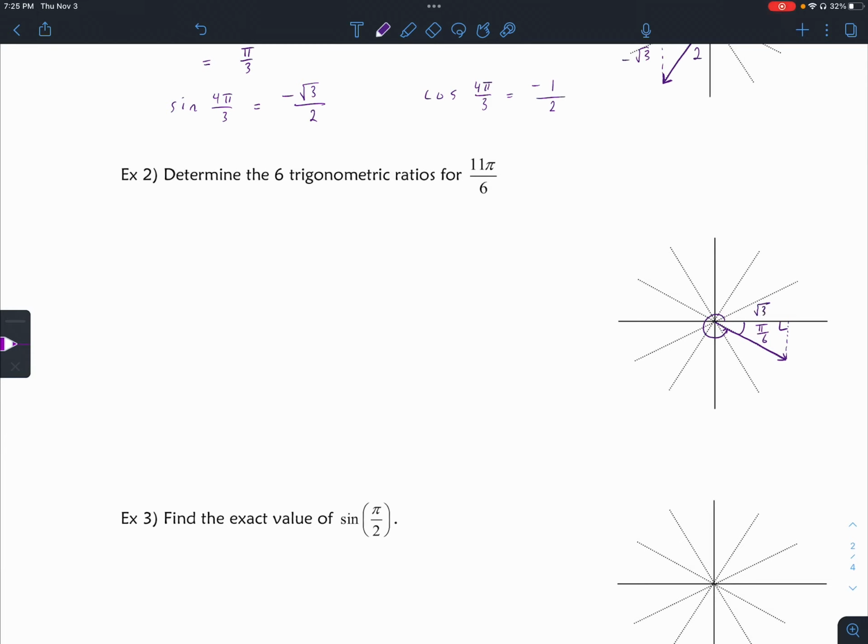The adjacent side is going to be positive because x values are positive in the fourth quadrant, and it's root 3. The opposite side here is going to be -1 because y values are negative in the fourth quadrant, and then the hypotenuse is 2. The hypotenuse is always positive. The length of the terminal arm is always positive because it's a length. Length can't be negative.